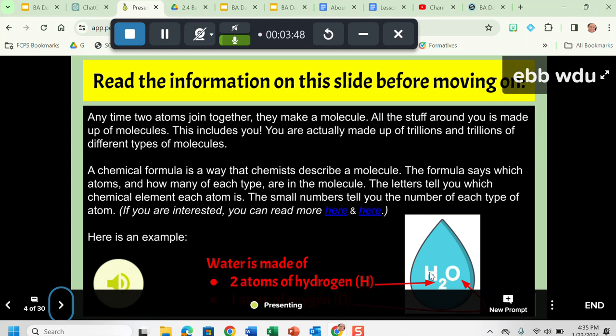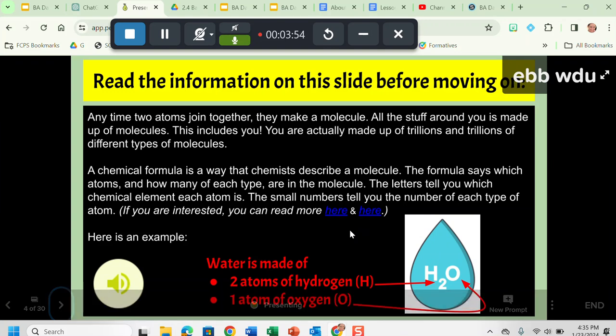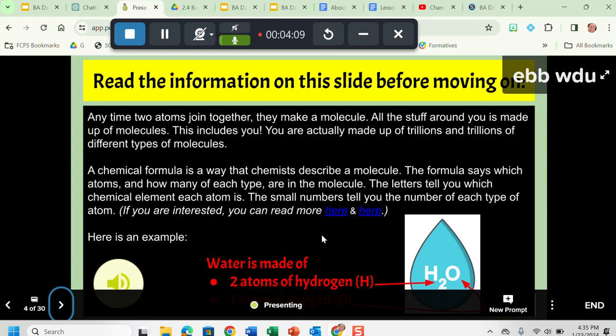That 2 is telling us there are 2 H's and 1 single O. You're going to want to remember what those chemical formulas mean because we're going to talk about some things with nitrogen as well. A chemical formula is a way that chemists or other scientists describe a molecule, and it tells you the numbers of atoms that you have. On your Pear Deck, you can click on these spots to learn more.